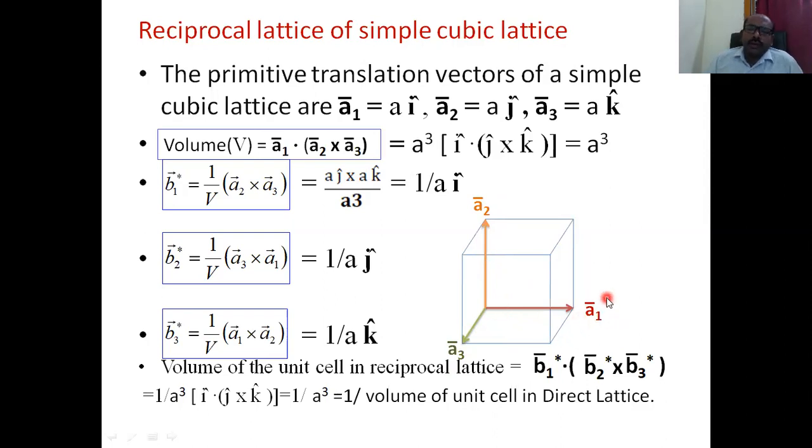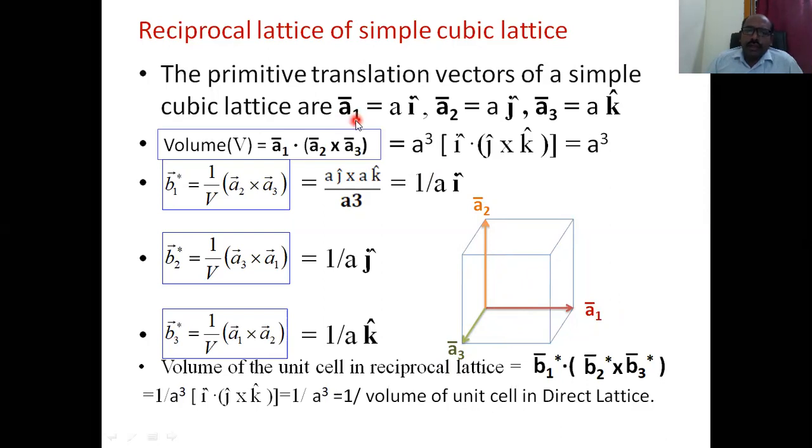So in that way we are taking the base vectors. A1 bar is the base vector in x direction. Therefore, we are taking a simple cube of side a, so all sides have equal length. Therefore, we are taking a in all directions.